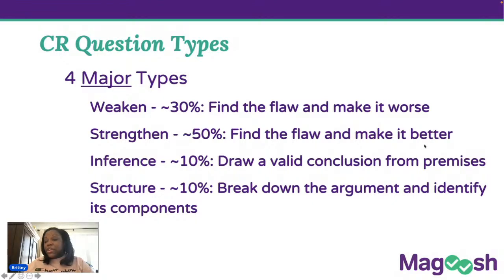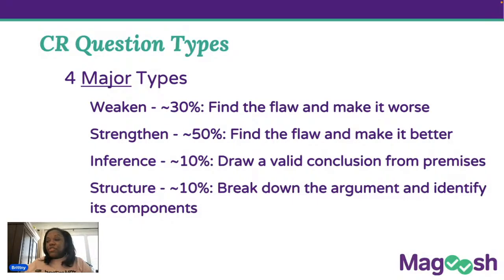So I don't want you to think that just because these are the four major types, they are the only types, but they make up a majority of the questions that you're going to see on the GMAT. Okay. So most of them are going to be strengthening, as you can see, approximately 50%. The second level that you'll see is weakening. And then you have inference and you have structure.